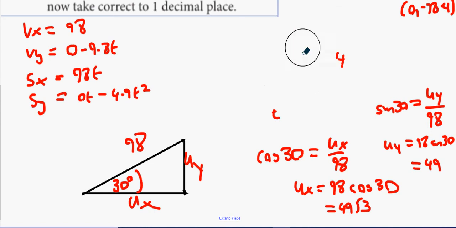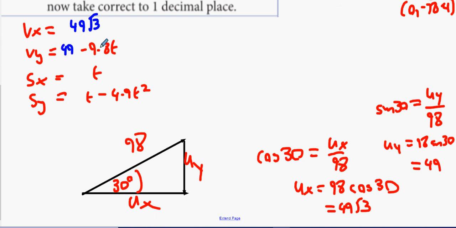So, you go back to your equations that we used earlier for the really easy part. Now, what do we change? Going to change these parts here, okay? So, Px is now 49 root 3. Py, lads, 49 minus 9.8t.